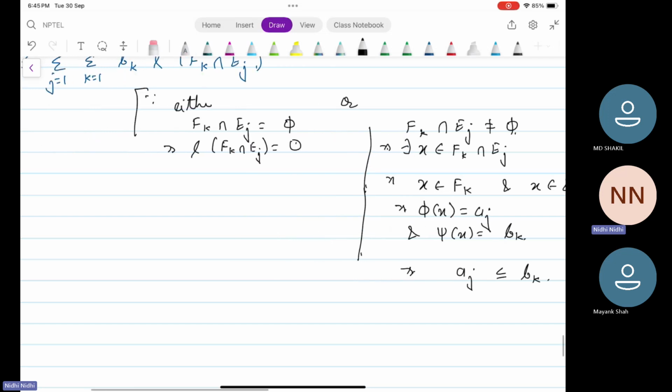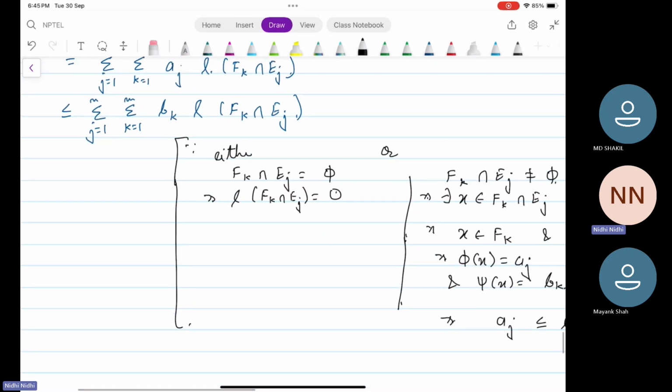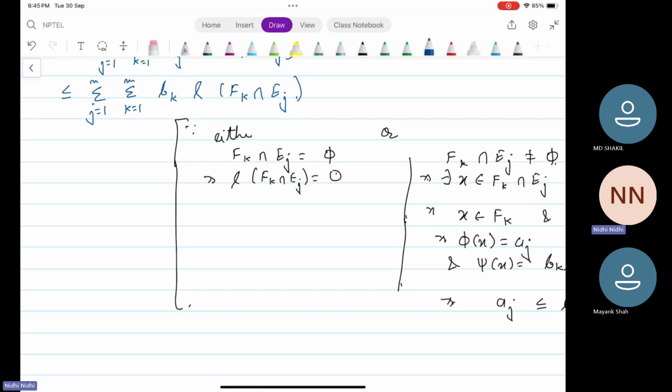So eventually we get this inequality. AJ will be less than or equal to BK. And this is now equal to summation K from 1 to M BK summation J from 1 to N length of FK intersection EJ.